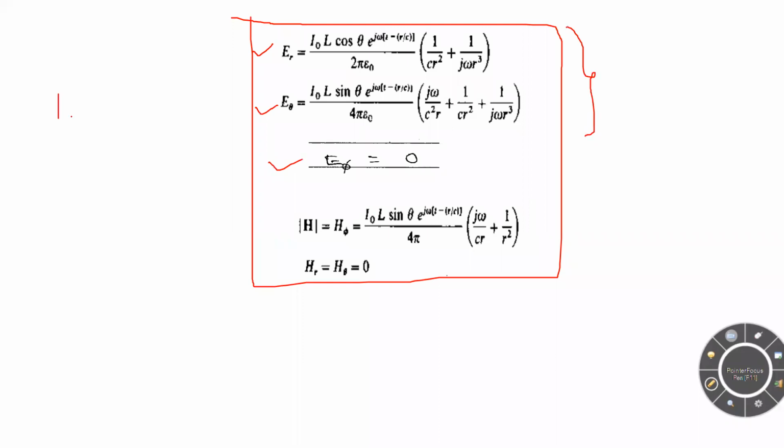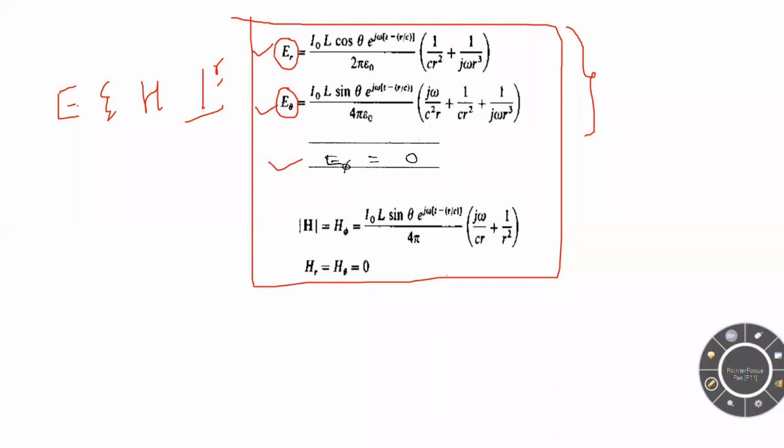Next, remember that E and H are perpendicular to each other. Therefore, if you have a component for ER, you cannot have an HR component, and if you have a component for E theta, you cannot have an H theta component.